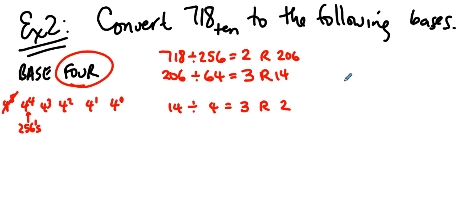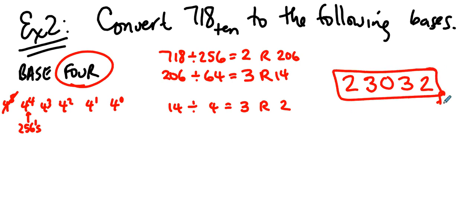So there are 2 groups of 256, 3 groups of 64, no groups of 16, 3 groups of 4, and 2 left over. This is the number in base 4. So the process of converting back to a non-base 10 base involves using the place values and seeing how many of these we can fit in there.